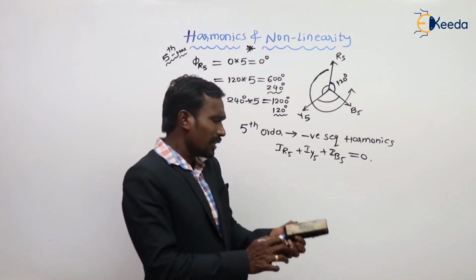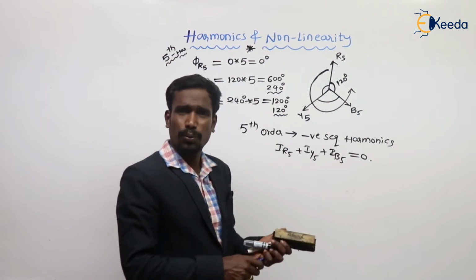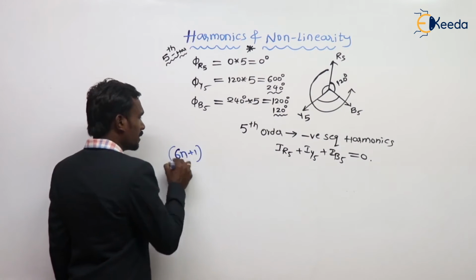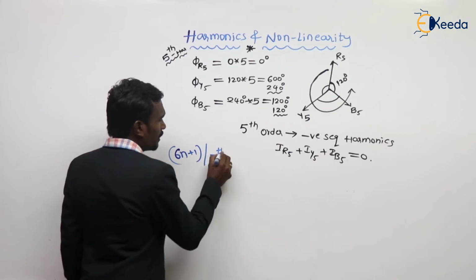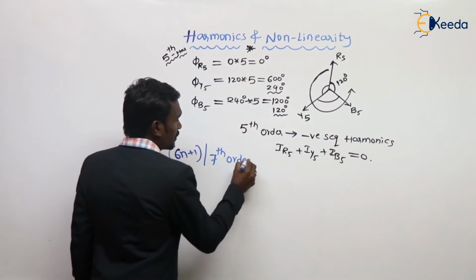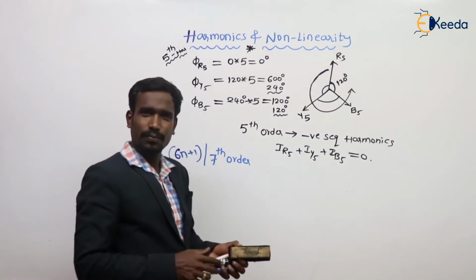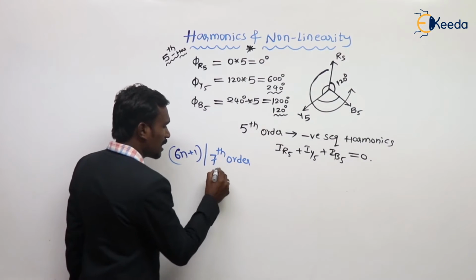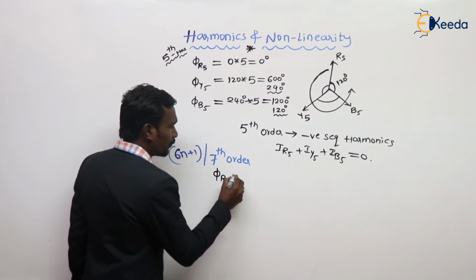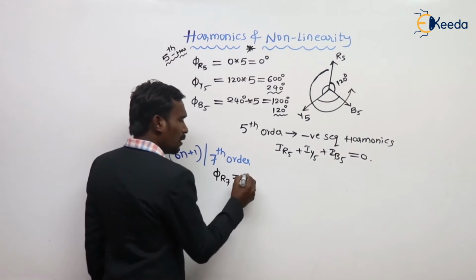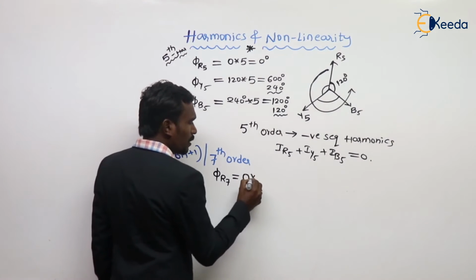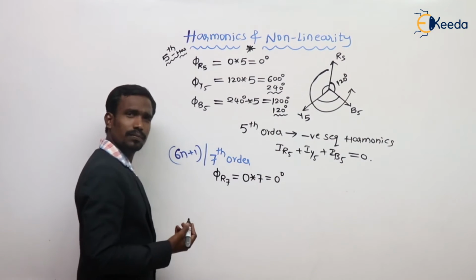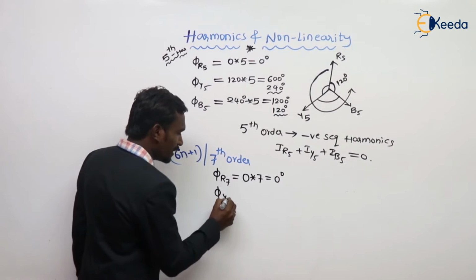And next, let's go for the seventh group or 6n plus 1. 6n plus 1 are seventh order harmonics. Now I want the flux of R phase. We know R phase is at 0, but we have to multiply it with 7, again 0 degrees. Next, what about Y phase?